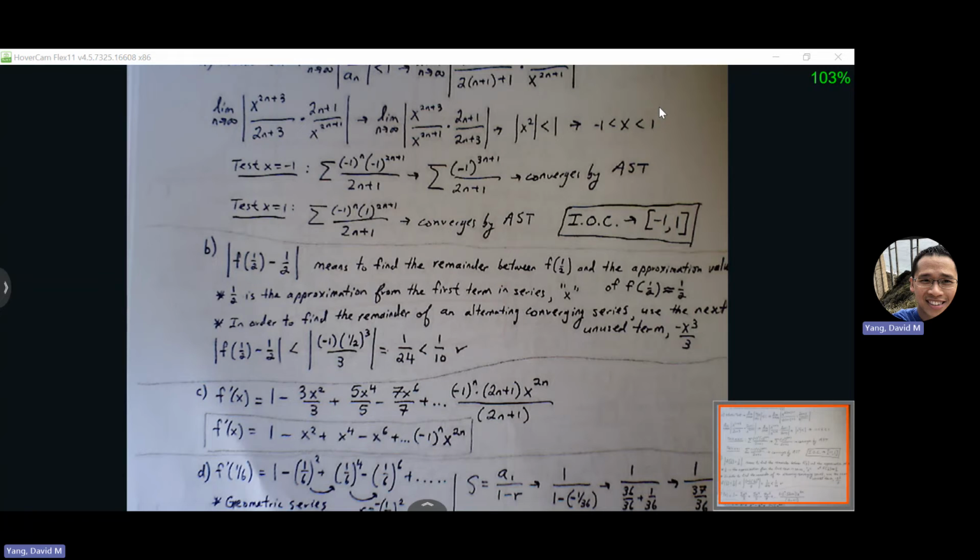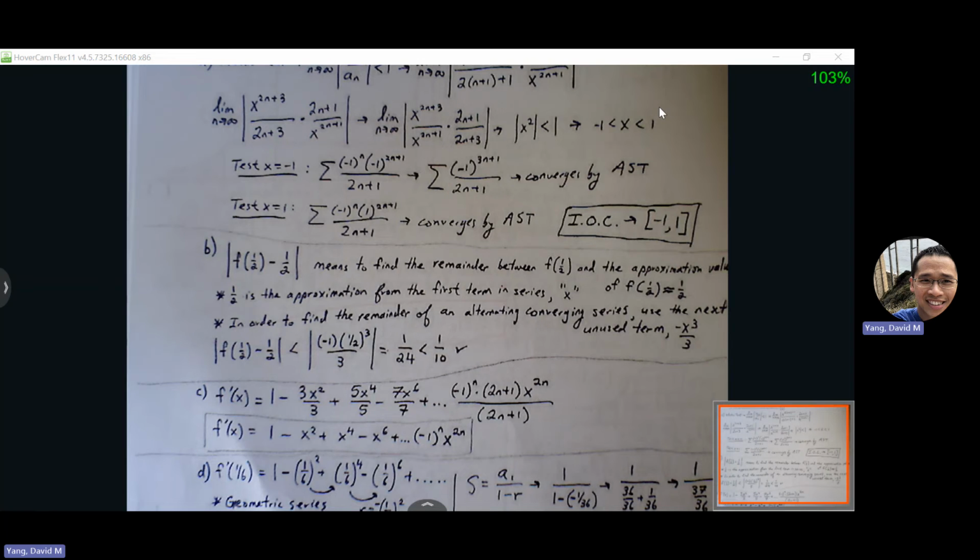Okay, are you in agreement that this is an approximation of the actual value of f of 1/2? Yes. So we have to figure out how accurate this is compared to the actual unknown value.